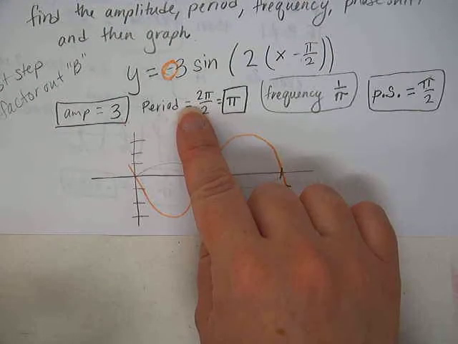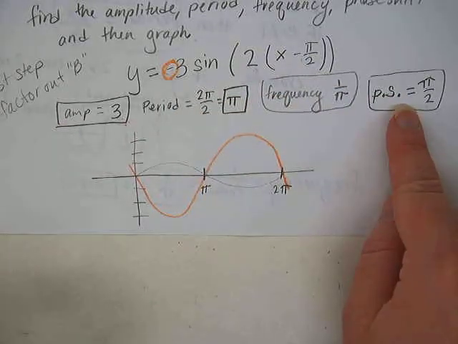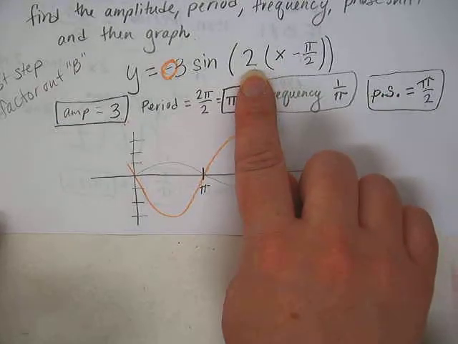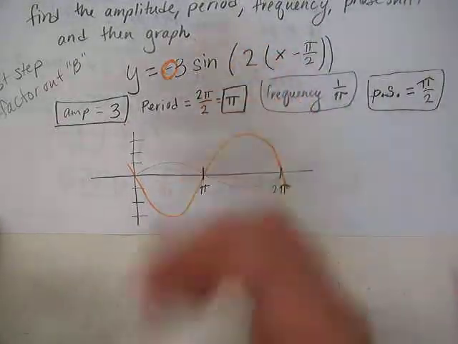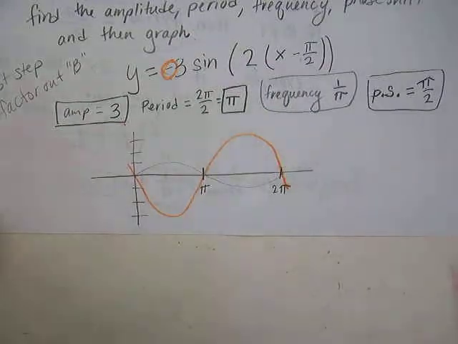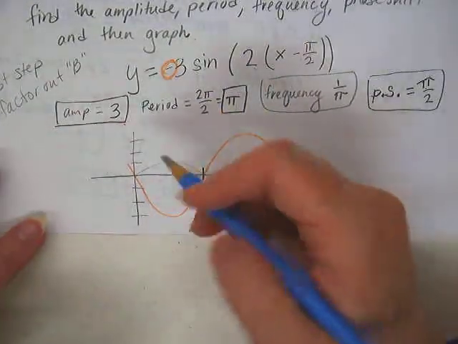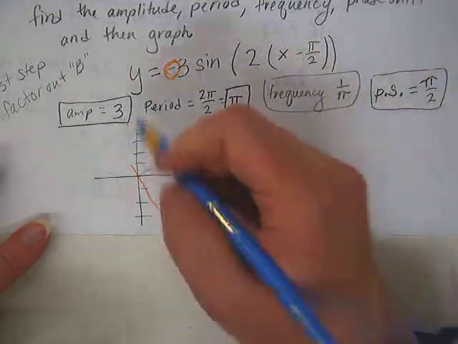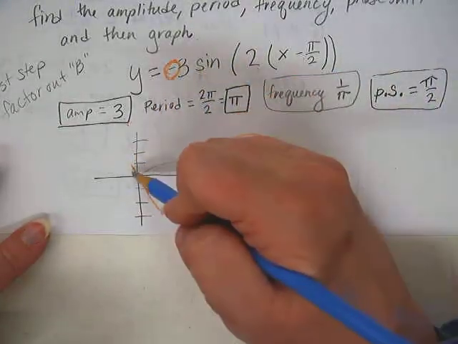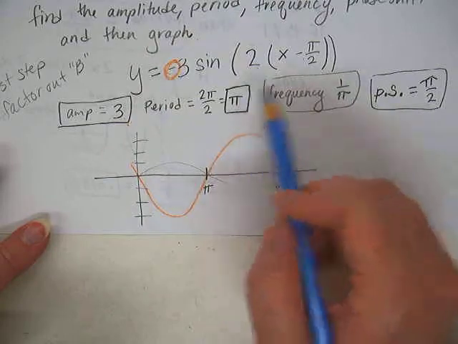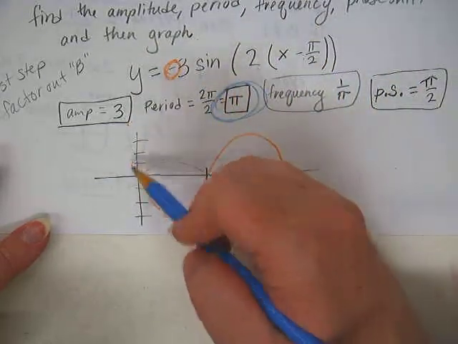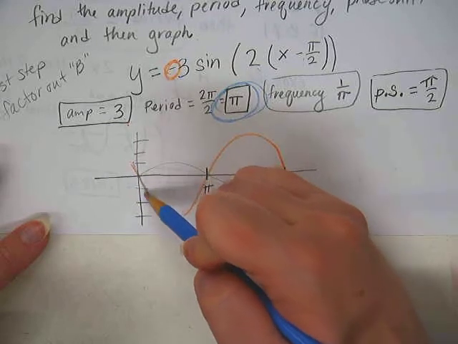Now the next thing I need to deal with is changing the... I don't think we do the phase shift until very last. I think we want to do this first, where we actually squish it first. And then let's talk about graphing these on your calculator. We should have done that last time, I just realized that. Okay.